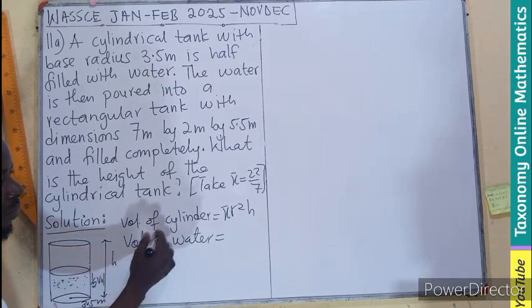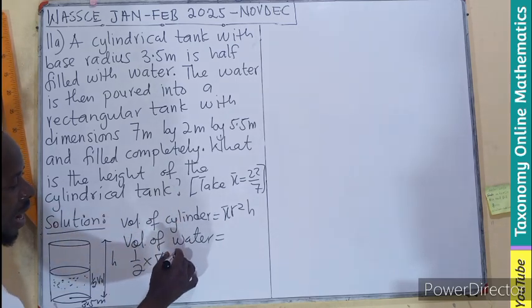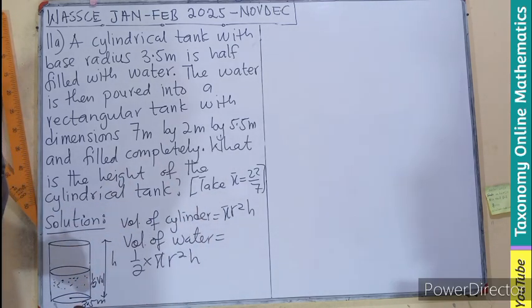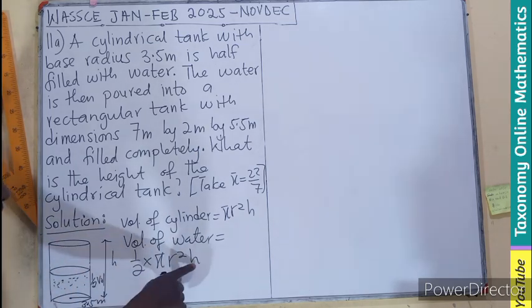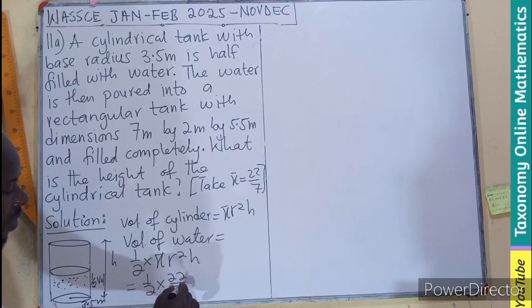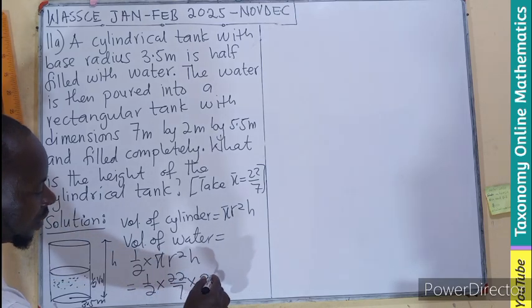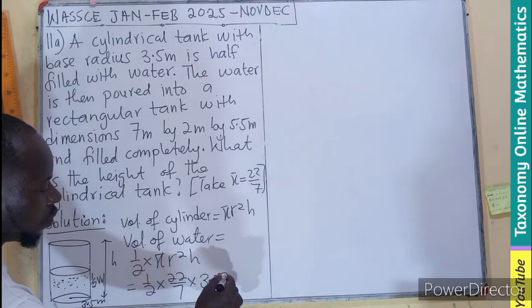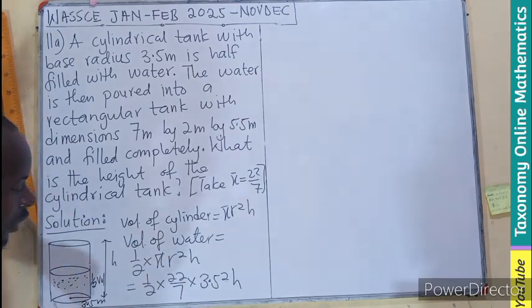So half times pi r squared h. In this case, we know what the radius is, and h is what we are looking for. So we can do substitution here and have this equals 1 over 2 times 22 over 7 times 3.5 squared times h.